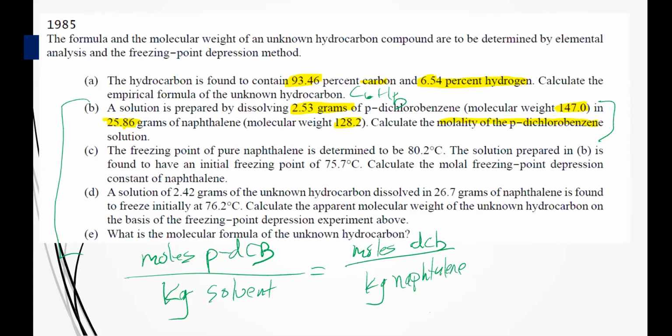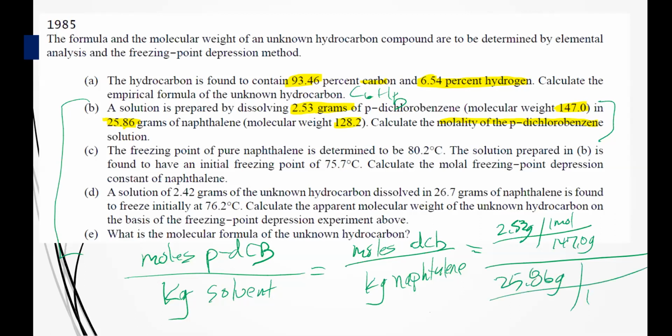Right? So my moles is 2.53 grams. 1 mole is 147.0 grams. And then my kilograms is 25.86 grams. 1,000 grams is 1 kilogram.